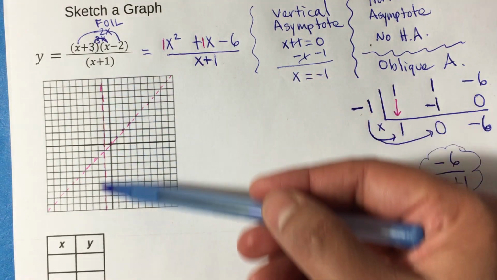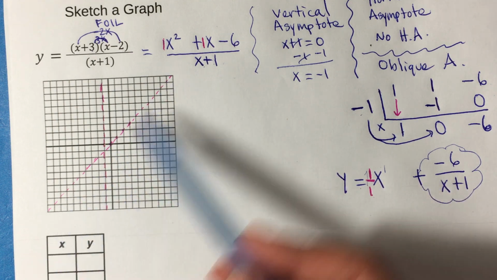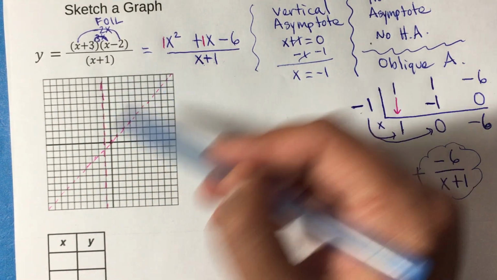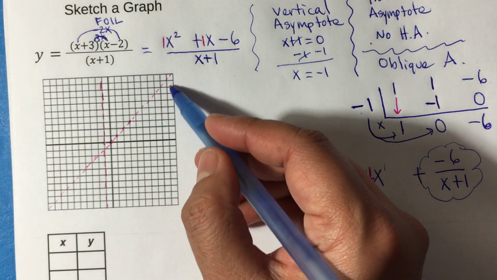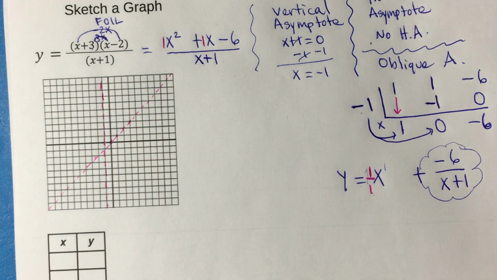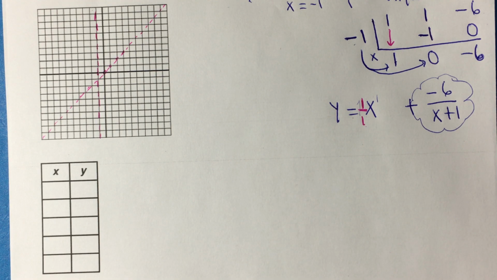Now that we have our vertical asymptote and our oblique asymptote, that means that my graph will be either here and here for this rational expression, or it might be here and here. What can guide us? We can either do a table, or we can find some specific points like the x-intercepts and the y-intercepts like we have done in the past.